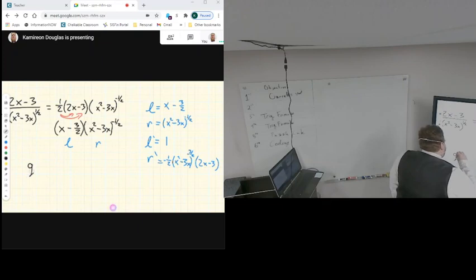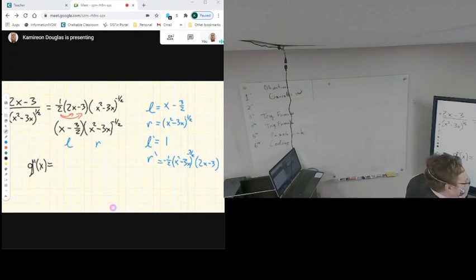Okay, let's take the derivative to get g double prime. So g double prime of x is equal to, by the product rule, left d right plus right d left. Let's do it.